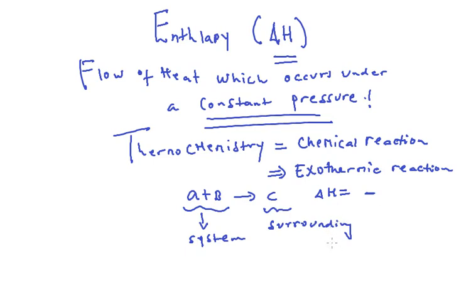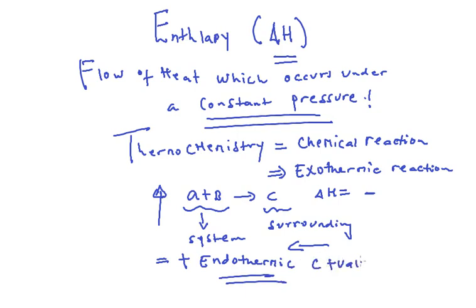And we have a situation where the surrounding provides heat to the system, and the system absorbs heat. So in that case, the internal energy of the system will be increased, and that leads us to something called endothermic. Endothermic is always identified as a positive value. It is a sign convention that endothermic is positive, the system gets heat.